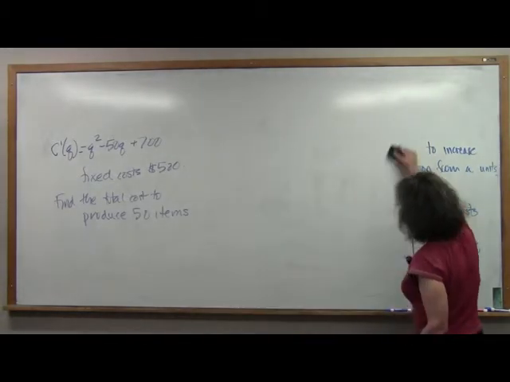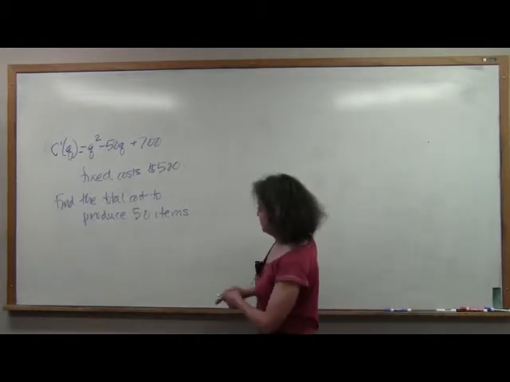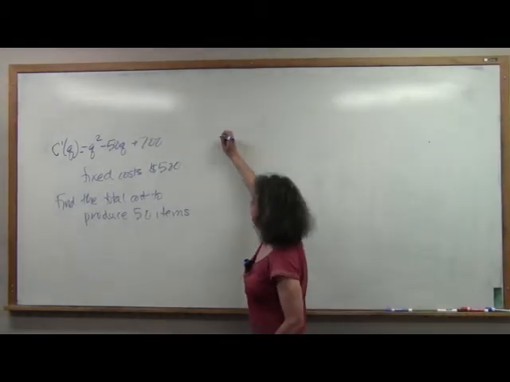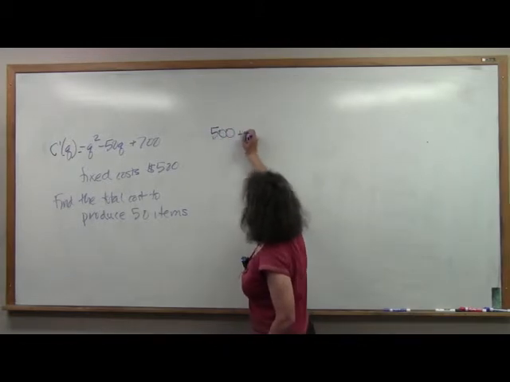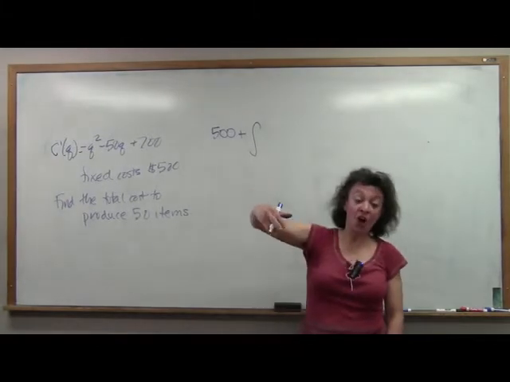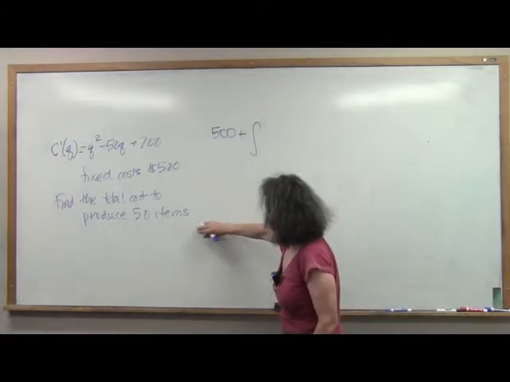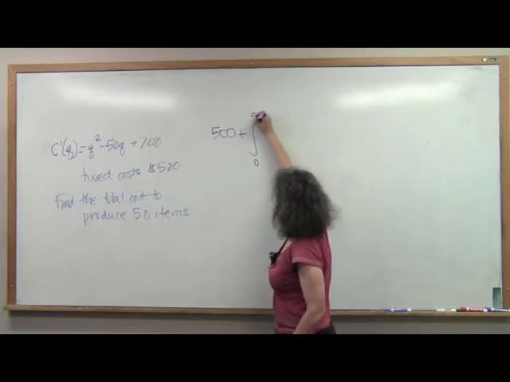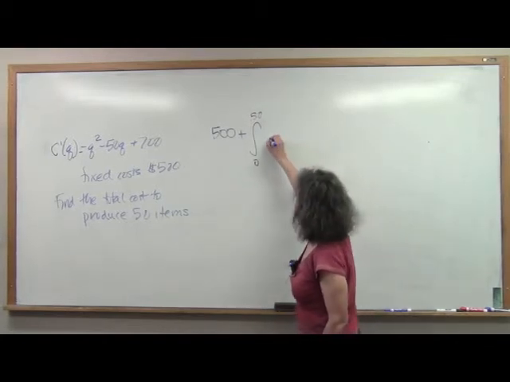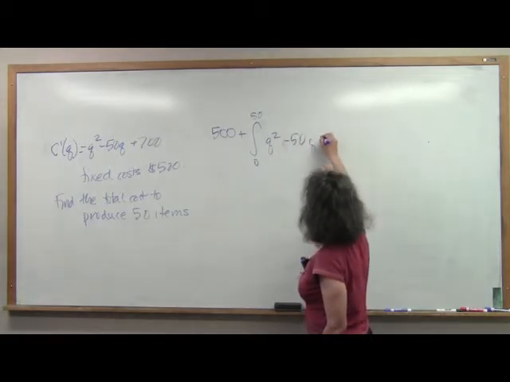So if I want to find the cost to produce 50 units, what I have to do is take my fixed costs, 500, plus, well, now I need to know what is the total variable cost to produce 50 items. It's the definite integral from 0 to 50 of our marginal cost function.